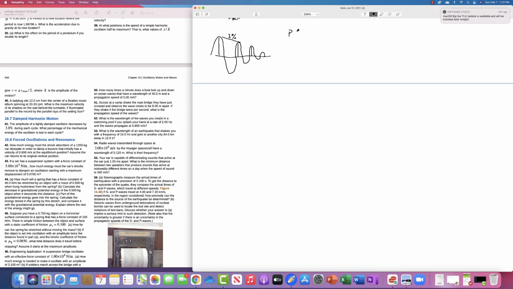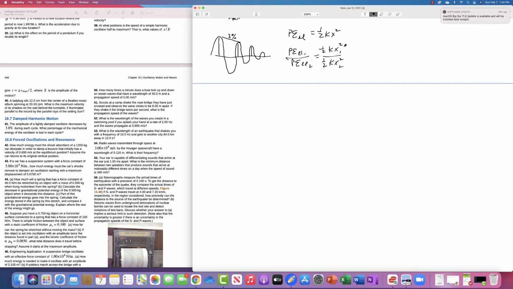Well, we remember that the potential energy here is equal to 1/2 kx squared. So potential energy 1 over potential energy 2 is going to equal 1/2 kx squared 1 over 1/2 kx squared 2.